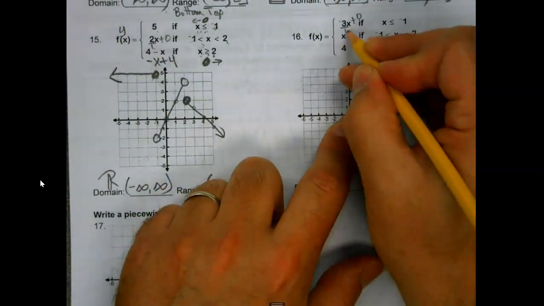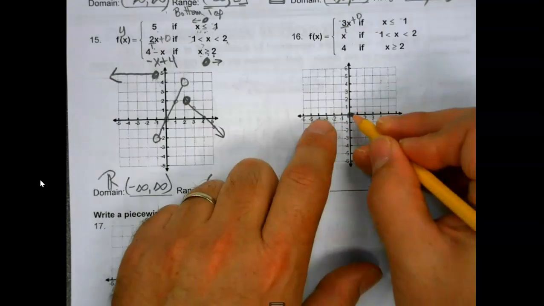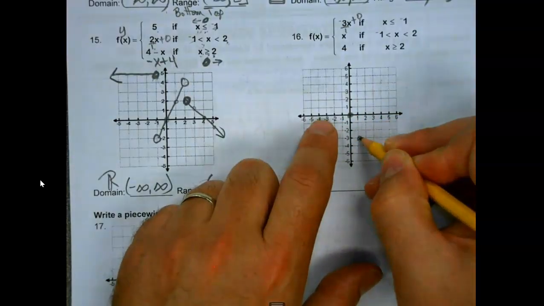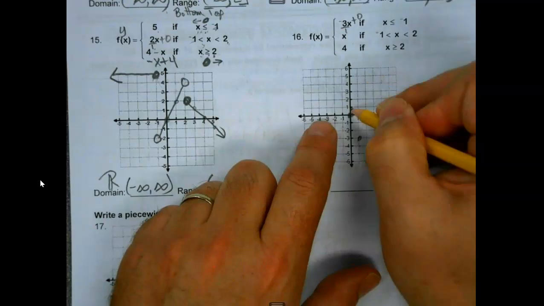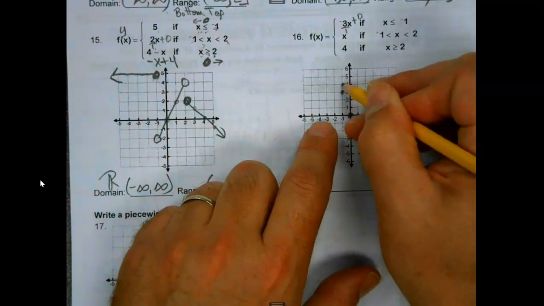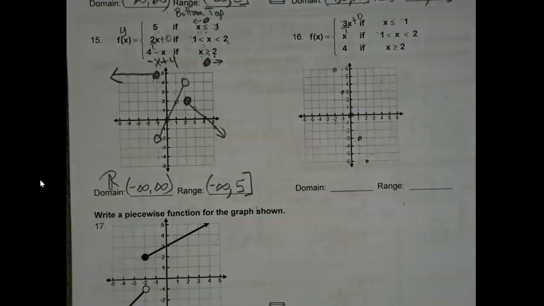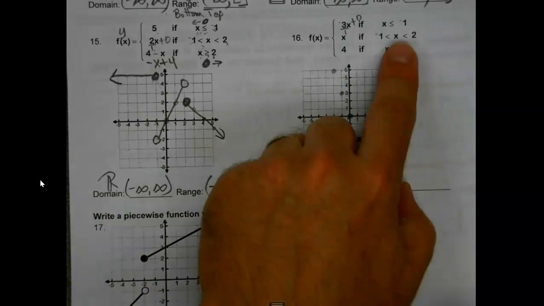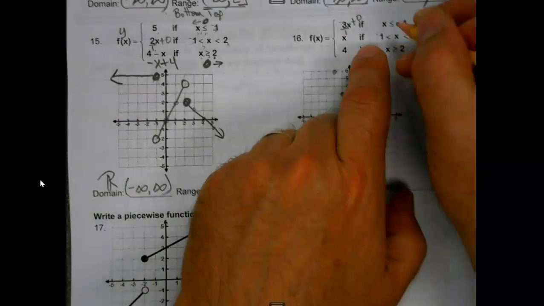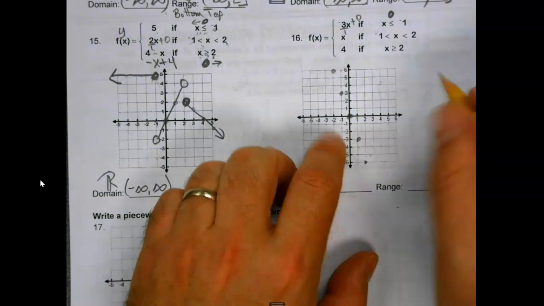Y-intercept. Slope's -3/1. Watch for my negatives. They can be a little light sometimes. So there's my line y equals -3x. But I only want it starting at -1.